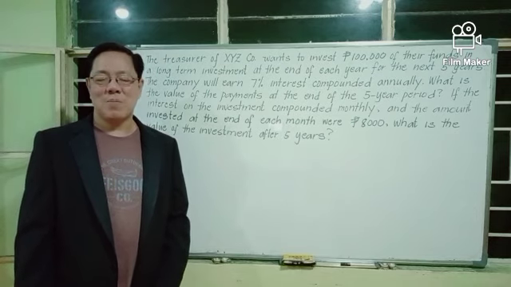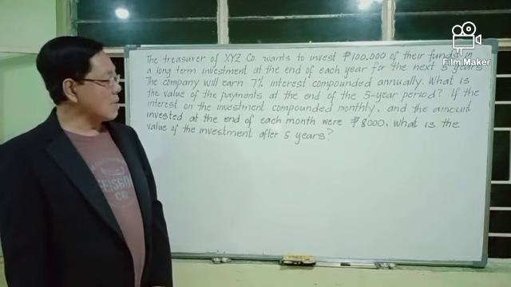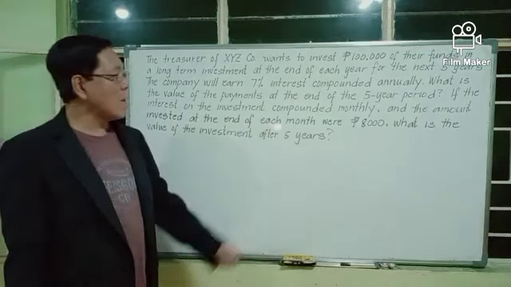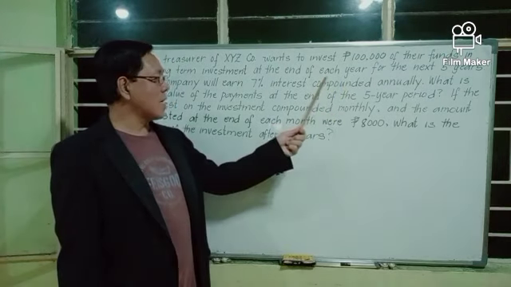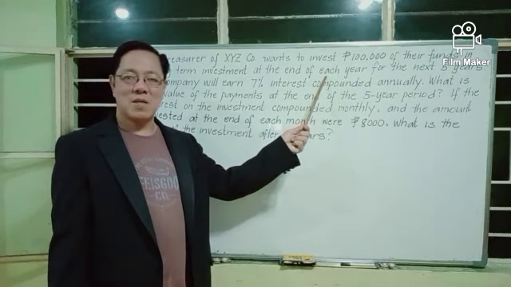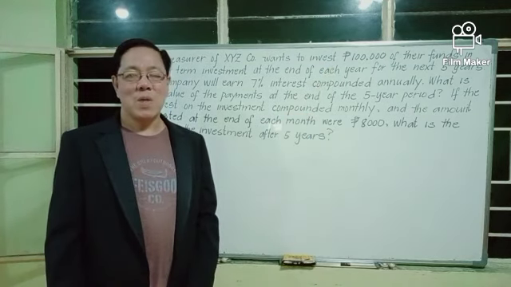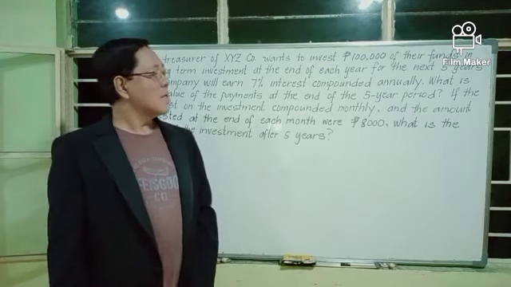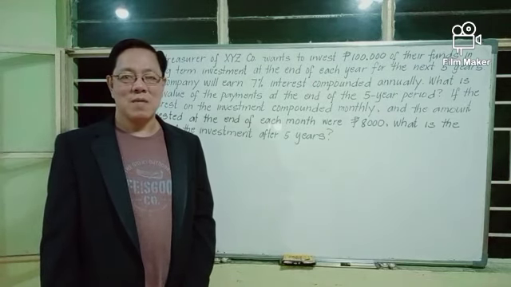In the first part of the problem, the regular payment is 100,000 pesos, and this amount is to be paid at the end of each year for 5 years. And this amount, 100,000 pesos, will earn an interest of 7% compounded annually.